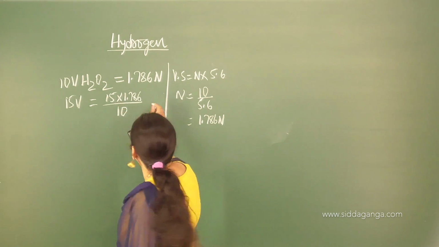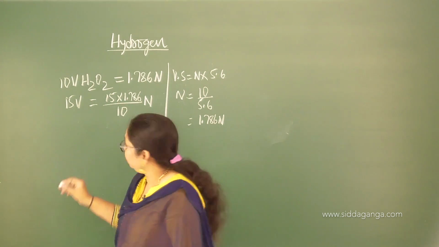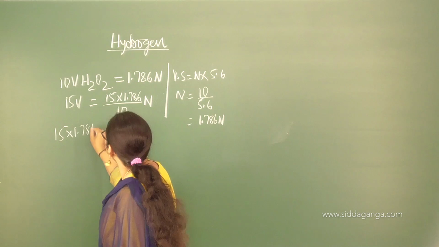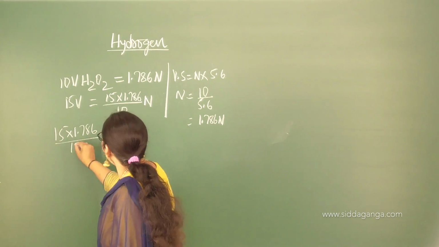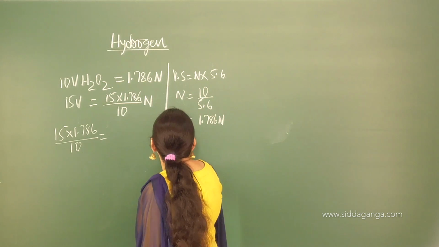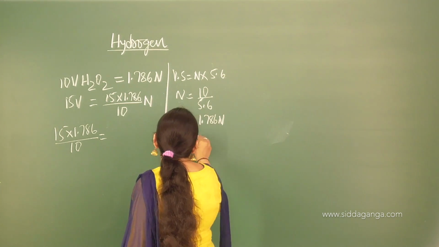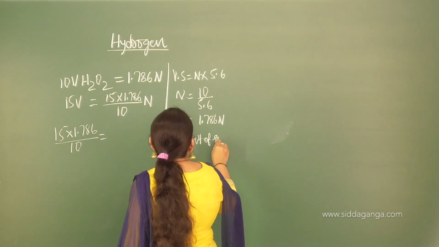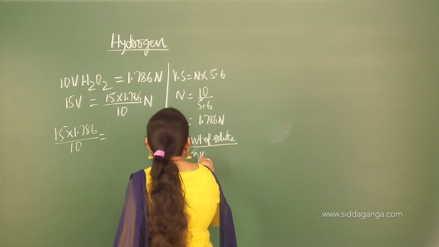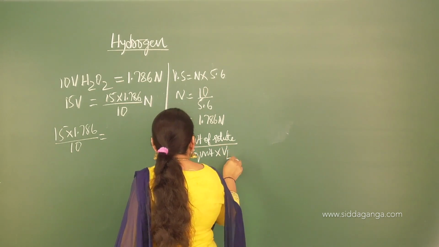Now, what is normality? Normality is the weight of solute divided by equivalent weight into volume in liters.